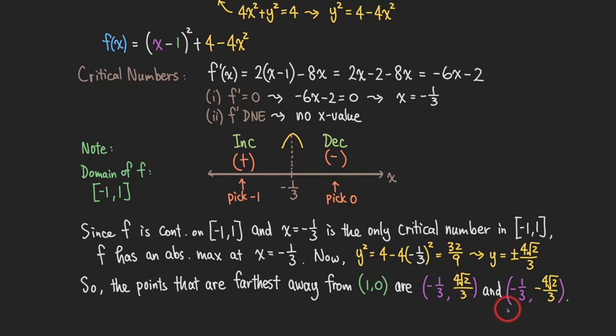And so those are the 2 points. Now this problem is finished. Those are the 2 farthest points away from this 1, 0. And then now let's actually go back to the decimal animation that we had before and see what actually is going on. Are our answers accurate, or are they correct? Let's find out.